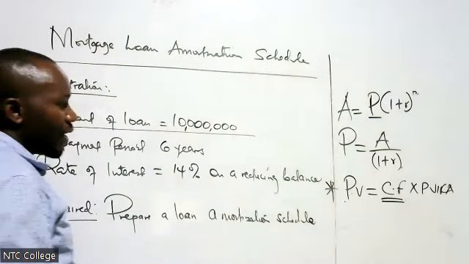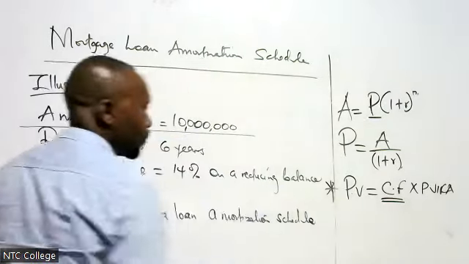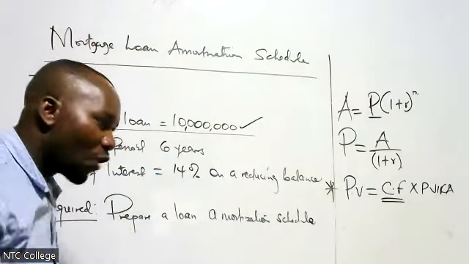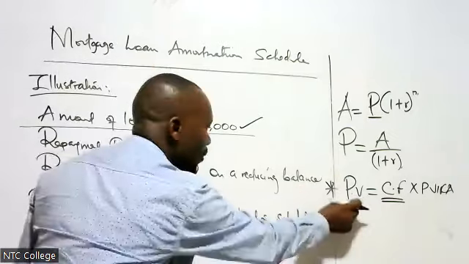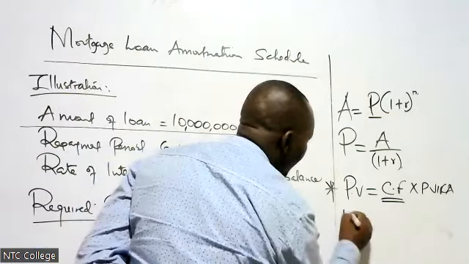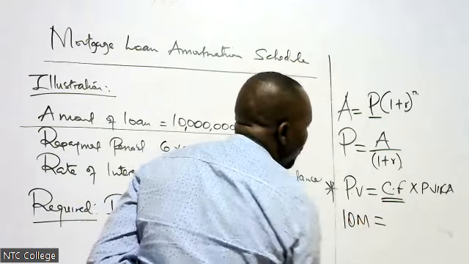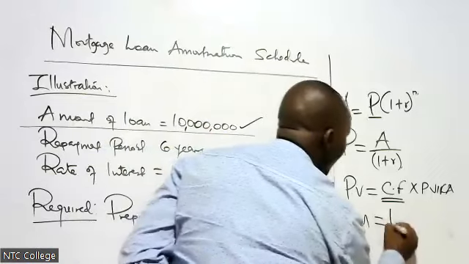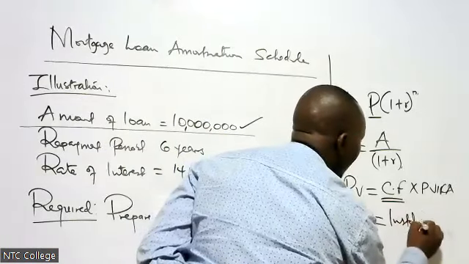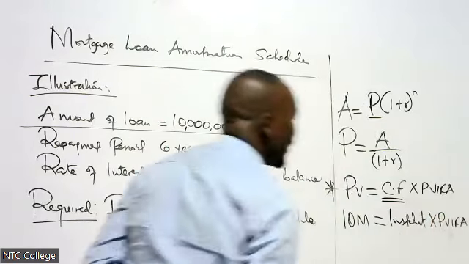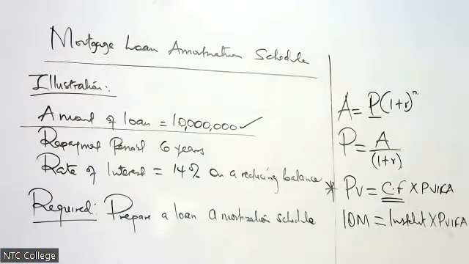Now, in that case, if we know the present value, it is 10 million that we are taking now, the same as the present value here. So we are saying that our present value, which is 10 million, is equal to the installment, which is the cash flow regularly, times PV. We know that it is regular, not irregular.